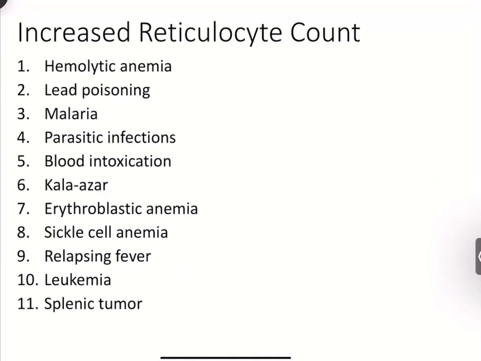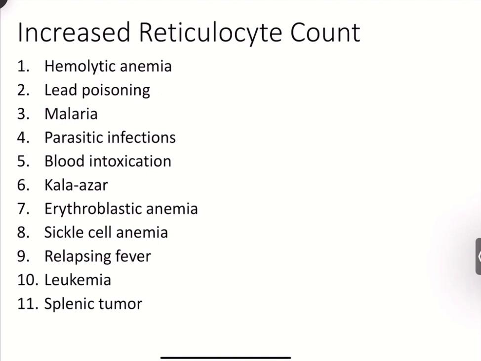Increased reticulocyte count is seen with these diseases. And what are those? Hemolytic anemia, lead poisoning, malaria, parasitic infection, blood intoxication, erythroblastic anemia, sickle cell anemia, relapsing fever, leukemia, splenic tumor.